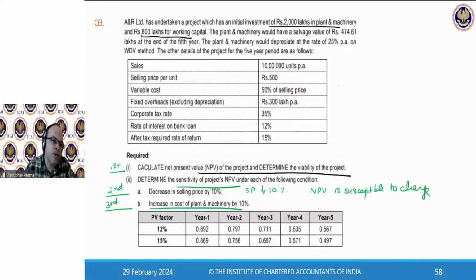If you see in this question, I'm given a selling price of 500 and a variable cost of 50%, guys. If that's the case, how much is the variable cost per unit? 250 per unit, right? 500 into 50% is 250 per unit.